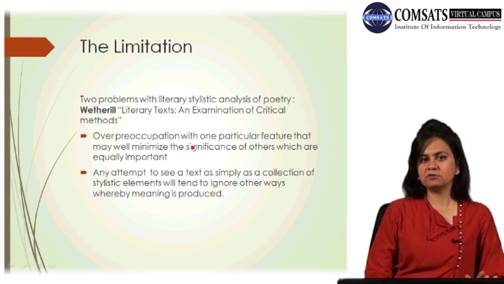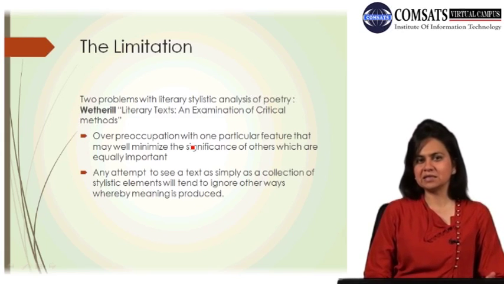The rest of the poem would go ignored. It would be ignored by the analyst, because his attention is focused only on the specific literary feature that is enhancing the meaning or capturing the attention of the reader as a foregrounded reality in the poem.